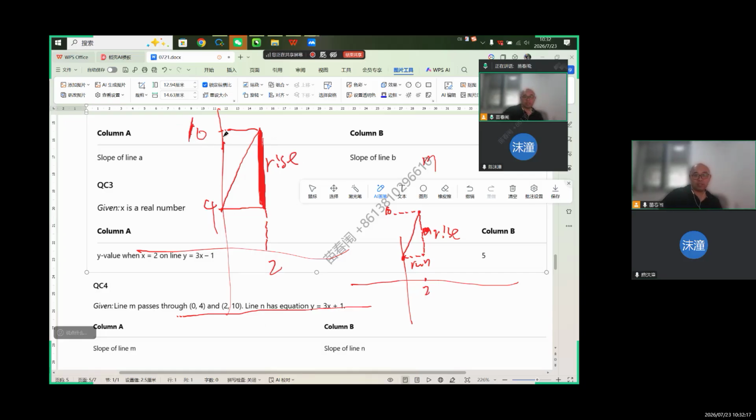What does it look like? That's a 10, and that's a 4. So what's this? I think you can get it. I'm going to corner you here a little bit.